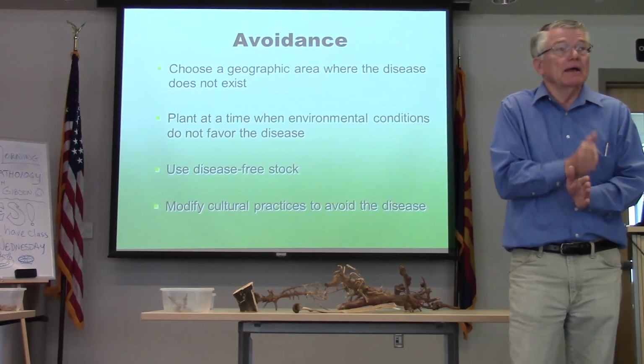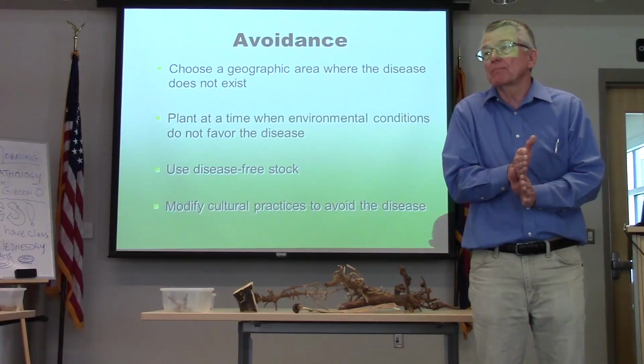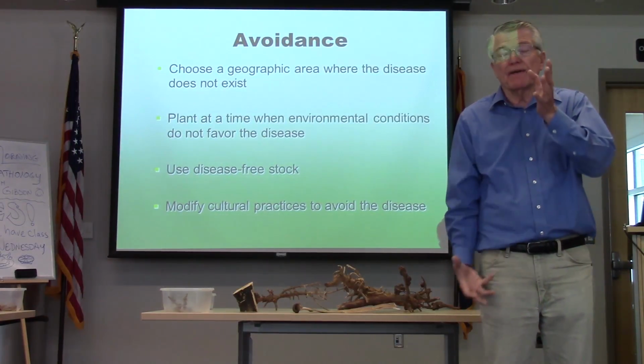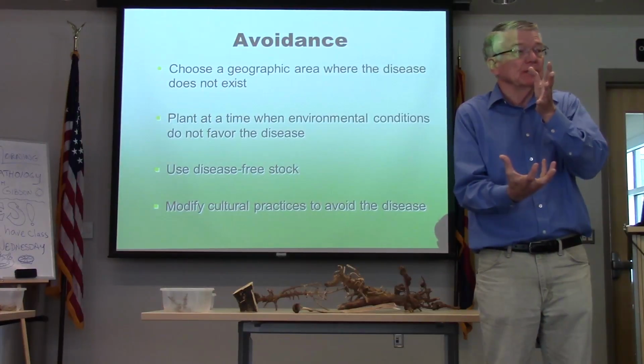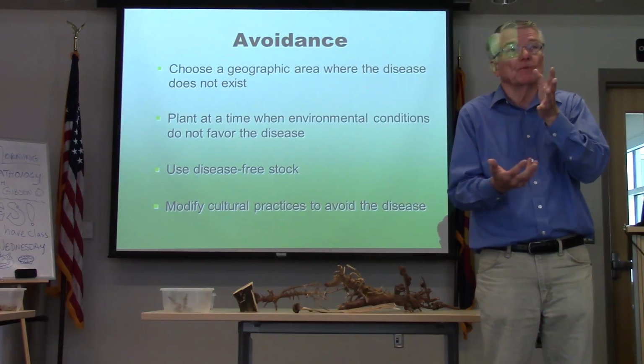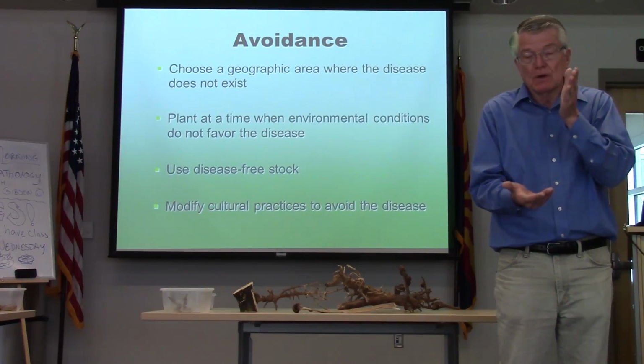But July and August and September are the peak months for whiteflies. So we either have to apply some kind of protection, some kind of chemical. Imidacloprid is one that is very often used.